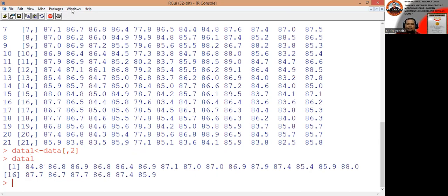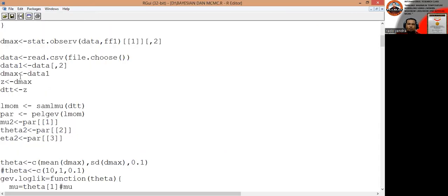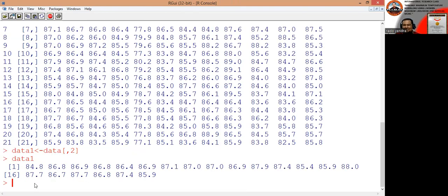After we have the data, in our program, we use the Dmax. Dmax is specially for maximum likelihood, and Z specially for Bayesian MCMC, and DTT is specially for the L-moment. So we have 3 kinds of data, but it's the same data, only different names.